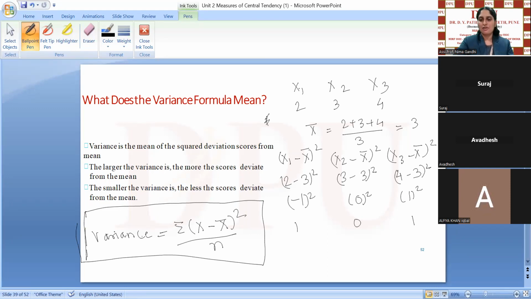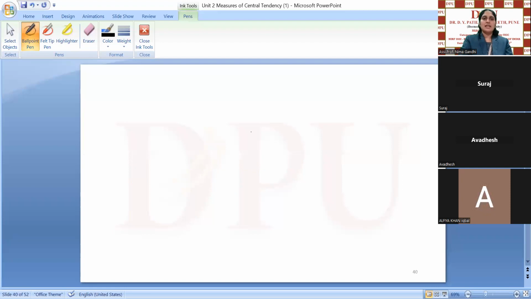Now we have different formulae when you have a group frequency distribution. So I'm writing the formula here. So let's say you have individual numbers.